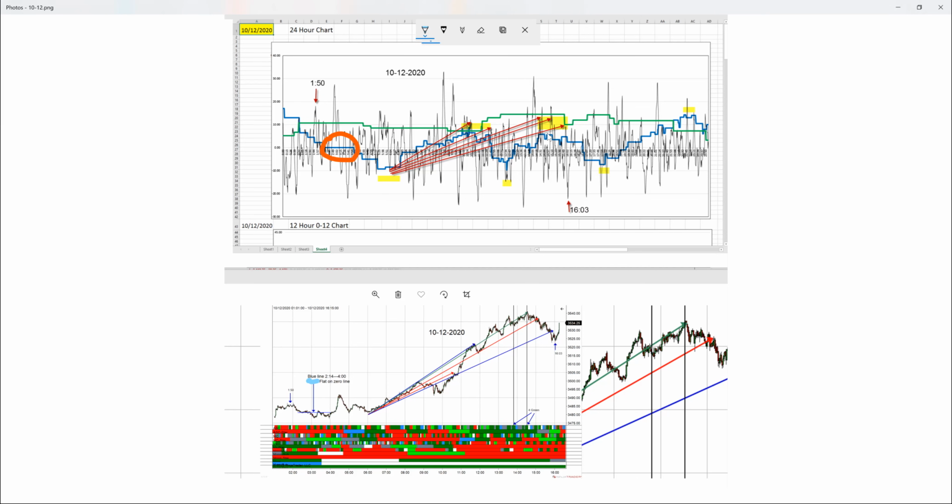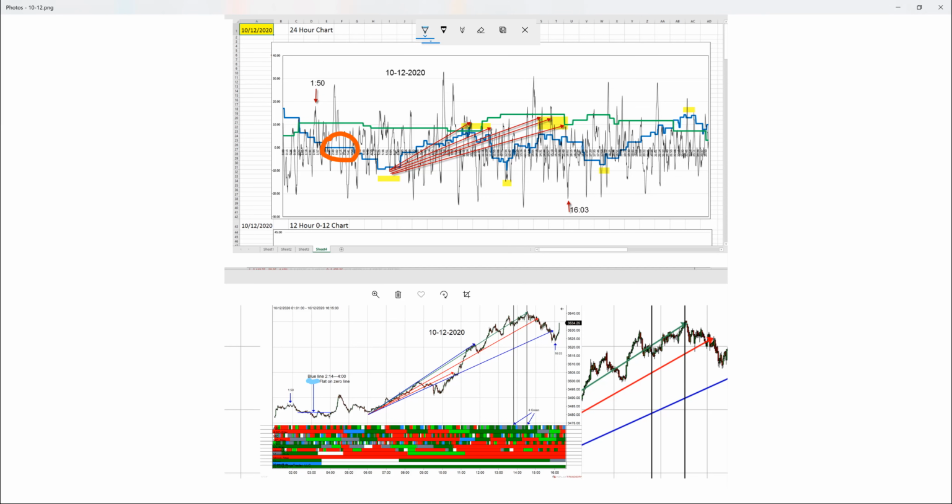The other important part of this chart that I want to demonstrate on this video here is, look at the area on the Excel sheet that I have circled in red. Where the blue line is tracking on the zero line, it's really a flat area with no directional indication for the market.